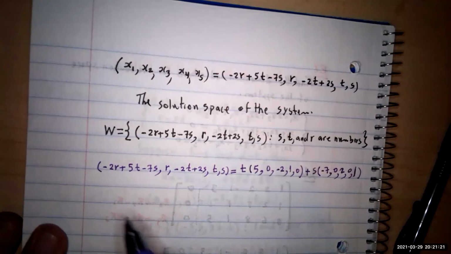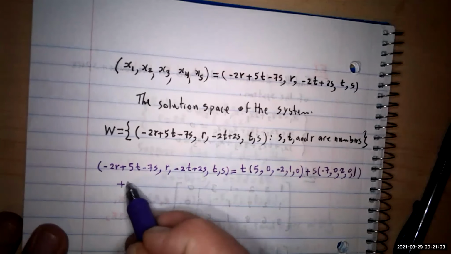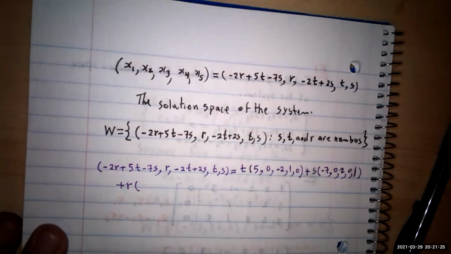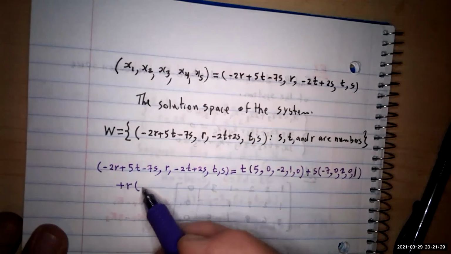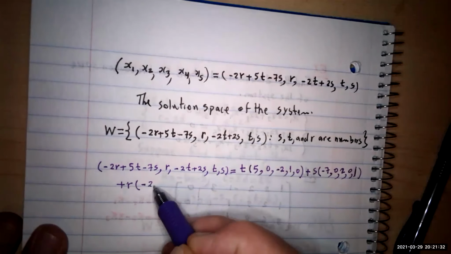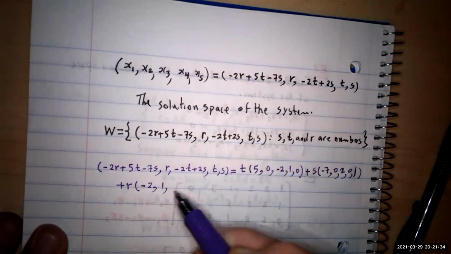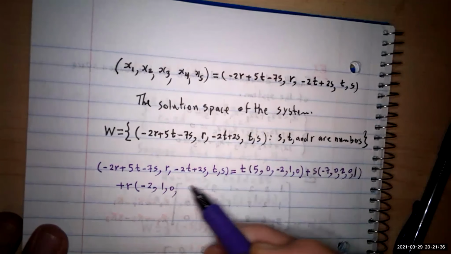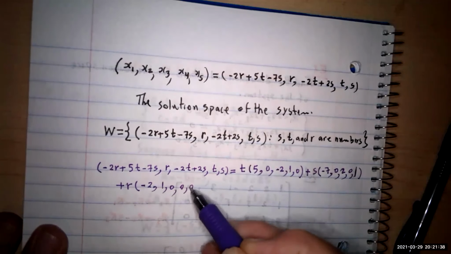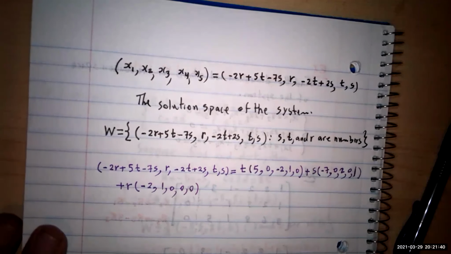The other variable that you have is r. So it's going to be plus r times. Replace the r by 1, everything else by 0. That gives you a negative 2 here, and that gives you the r.